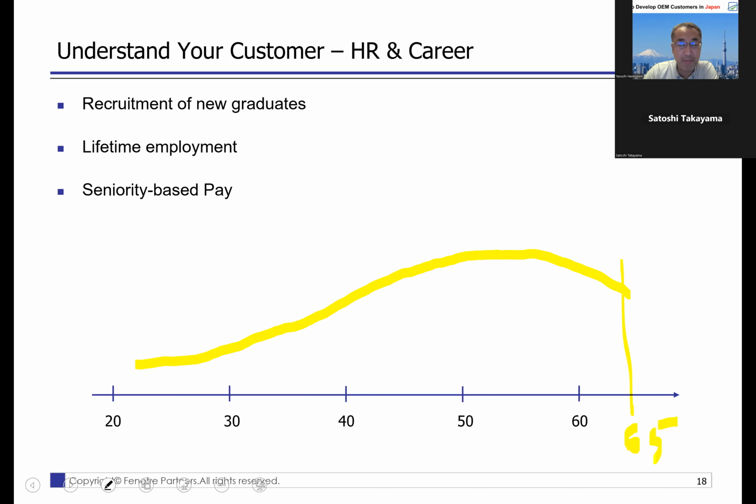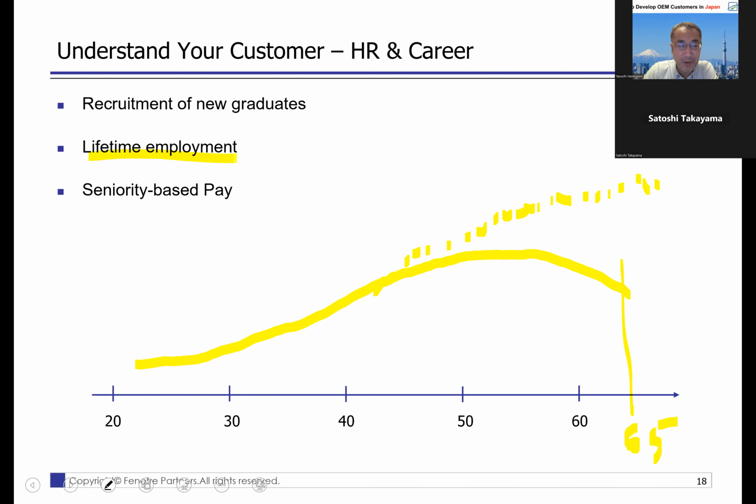So your performance doesn't matter. If you perform very well, you can be a manager at the age of 40-something, senior manager at the age of 50-something, and maybe at 60 years old, C-level, like this. So most of our employees working in big organizations keep working for the same employer for over 40 years.